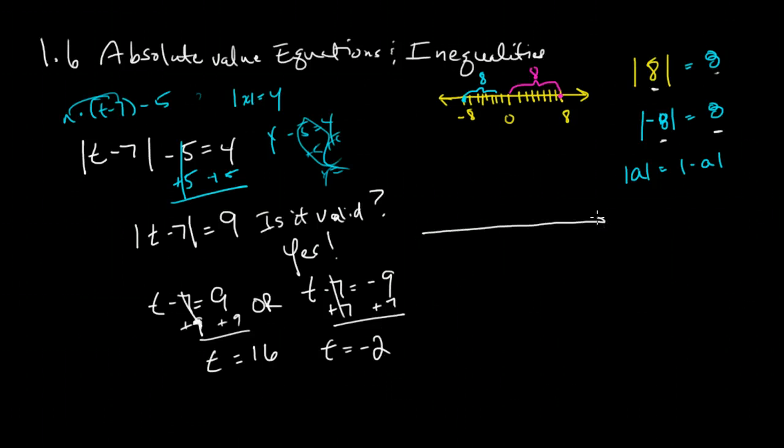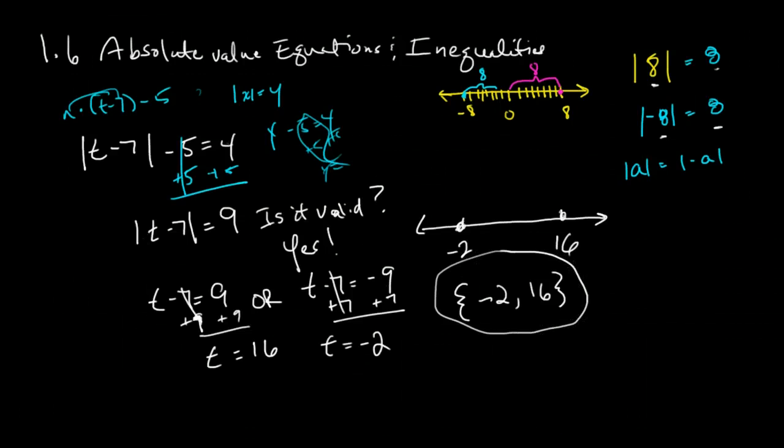So on a number line, in order to make this sentence appear true, t would either have to be negative 2 or 16. It would be one of these two numbers. And how would we write that as a solution? The solution set would be, we usually put solution sets in the squiggly braces, negative 2, 16. That would be our solution set.